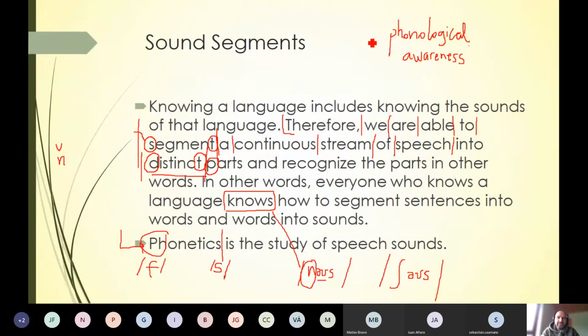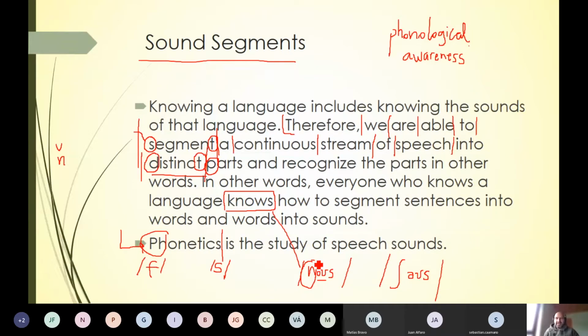And when you have developed phonological awareness, you are able to segment the sounds. You're able to play with the sounds, right? You can identify the beginning sound and the final sound, and you're able to replace a sound and change it for another one.